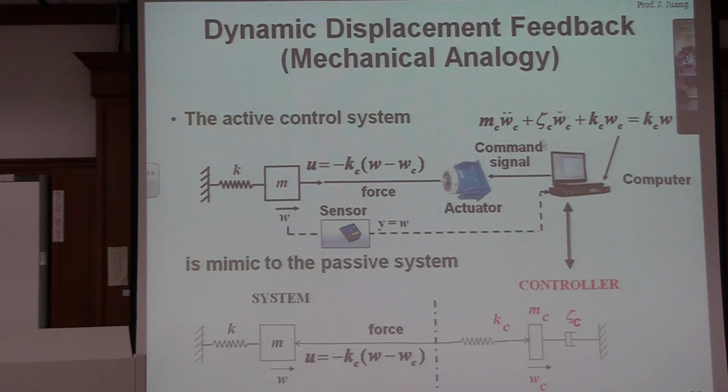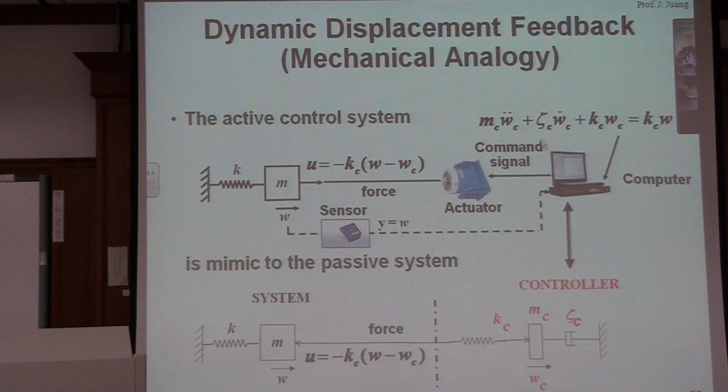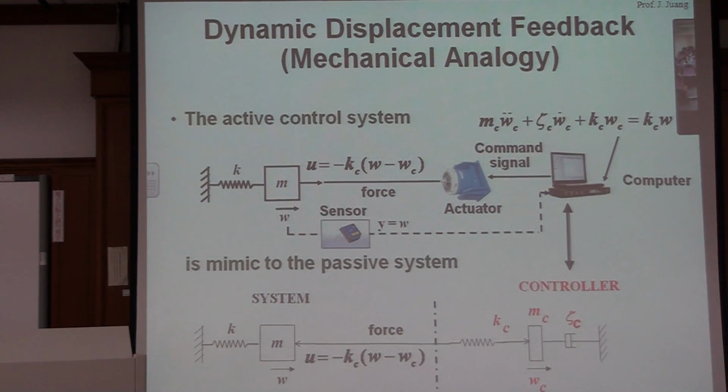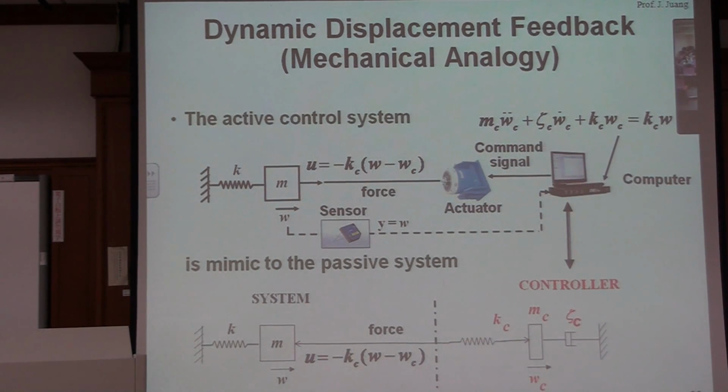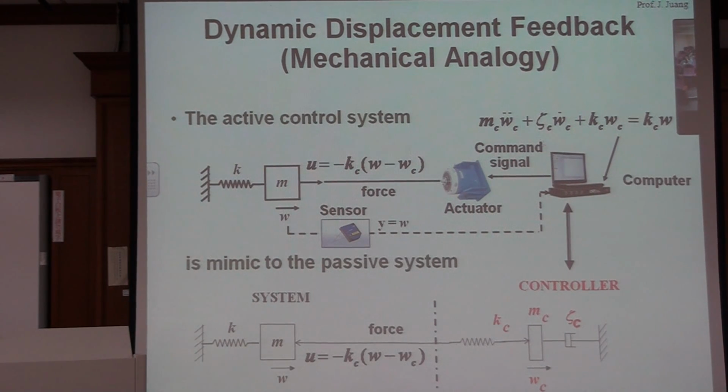However, if you can solve your problem in a passive way, then you'd rather use the passive system because you don't need power. Right? But another disadvantage of the passive system is that, for one-on-one, the passive one is huge.